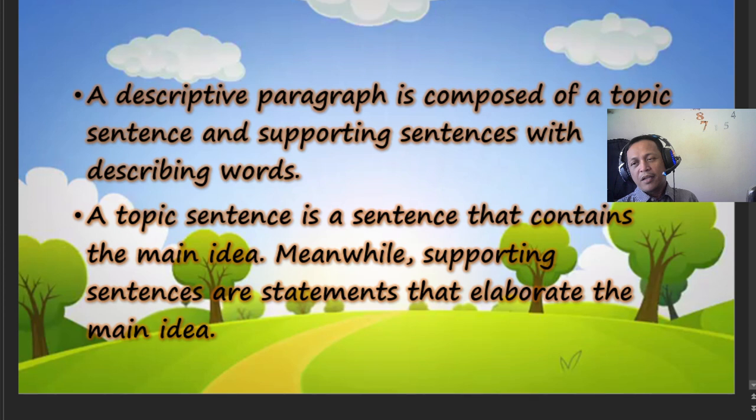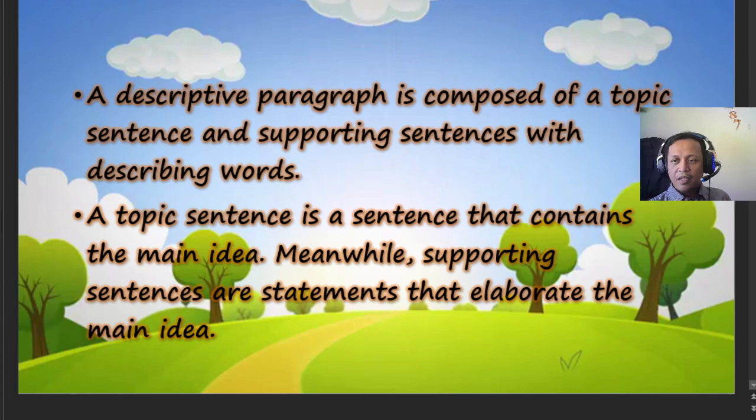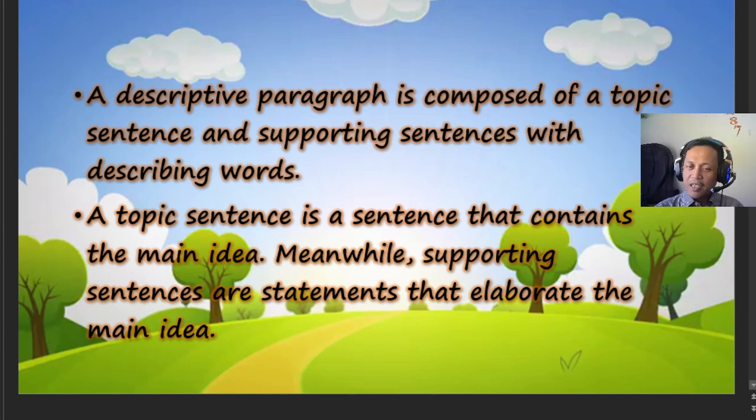In every paragraph, there is a topic sentence, and it is followed by the supporting sentences. Supporting sentences are important because they can elaborate or explain the idea better.